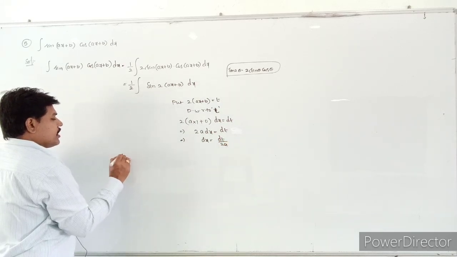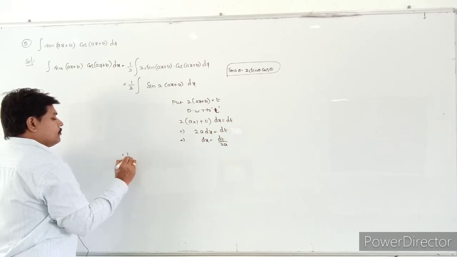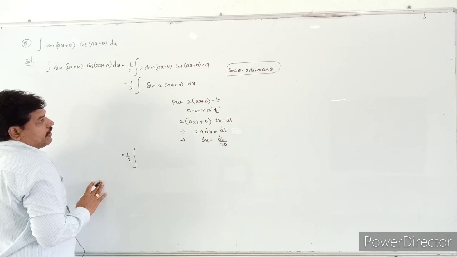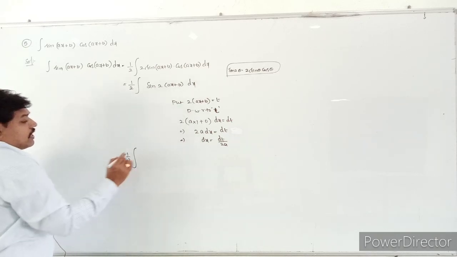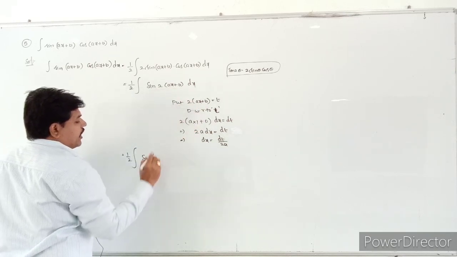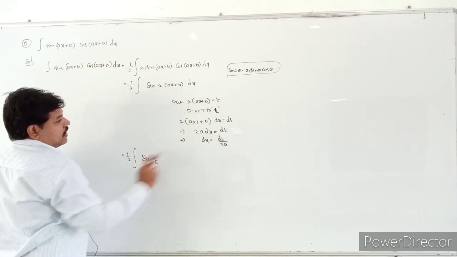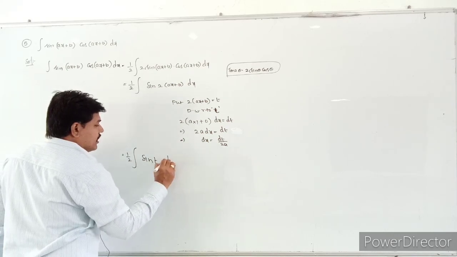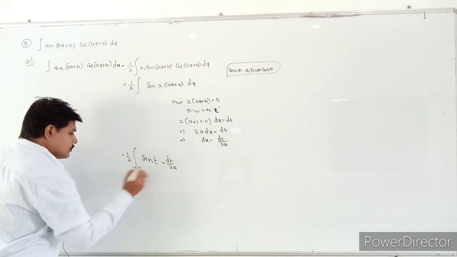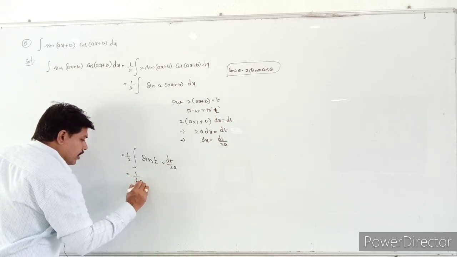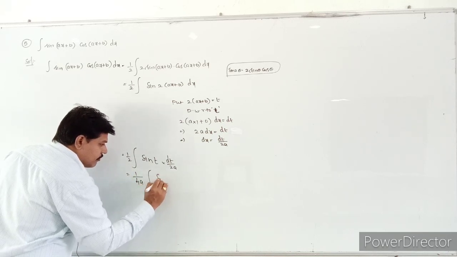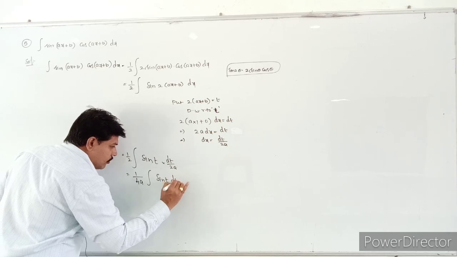If we continue here, 1 by 2 into integral of sine of 2 into ax plus b. 2 into ax plus b value is t. dx value is dt by 2a. So that is equal to 1 by 4a, taking it out, 1 by 2 into 2a, integral of sine t into dt.